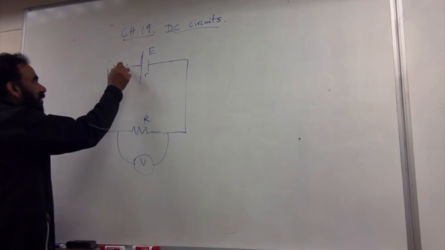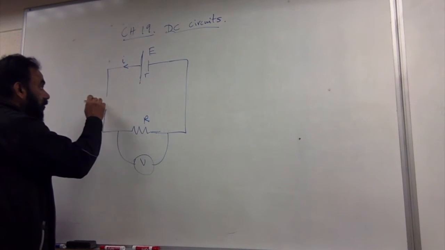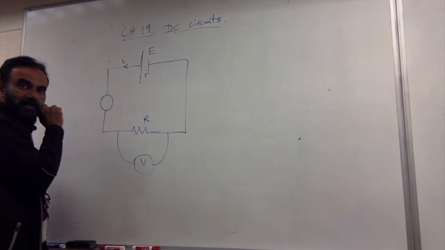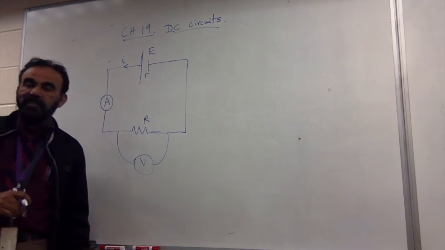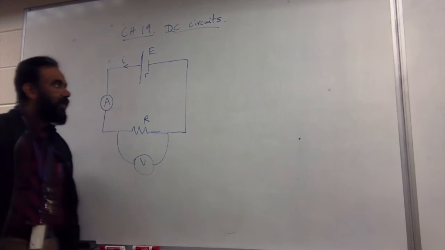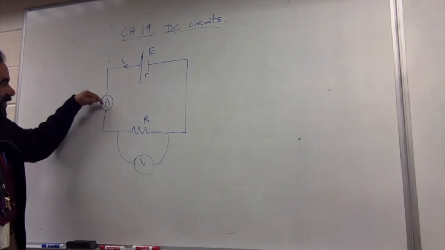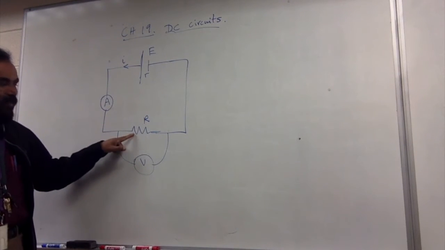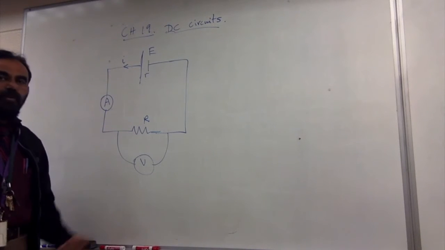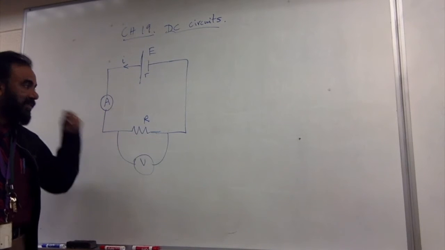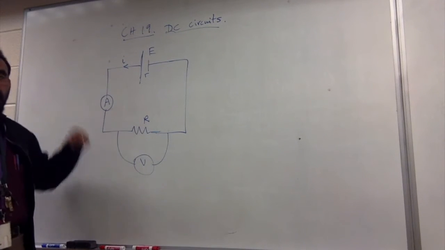And to measure the current flowing here, you need an ammeter, a device that measures the current passing through itself. The voltmeter is always connected in parallel, reading the potential difference across here, and the ammeter reads the I.